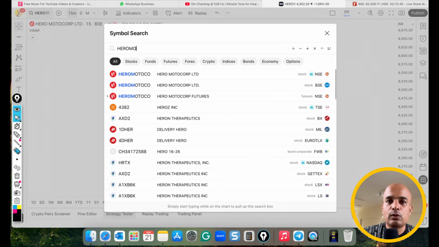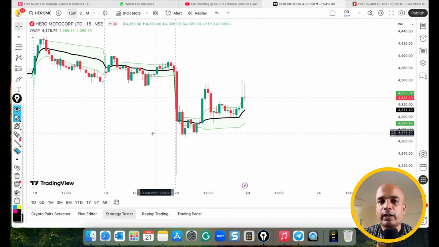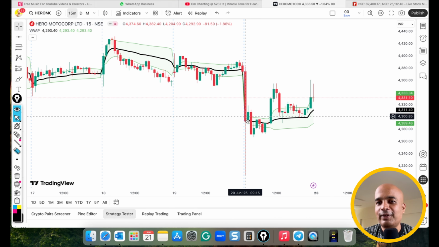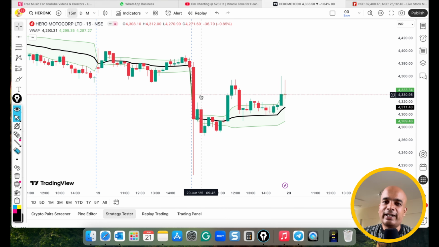Hero Motocorp. Okay, here it's very good movement on the first candle itself. It's a huge buying thing, huge fall and then buying. So if you have taken a trade, it's very difficult because we wait for the first candle, so it is fine.